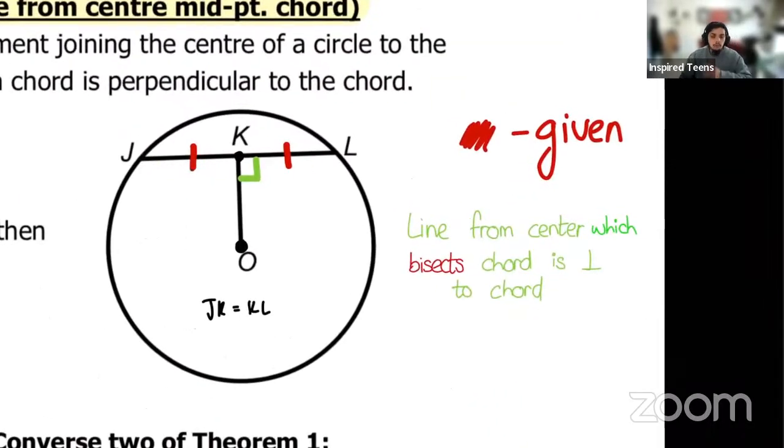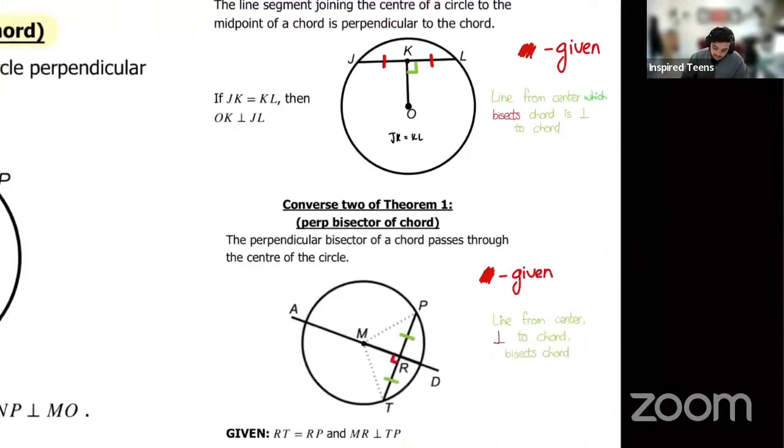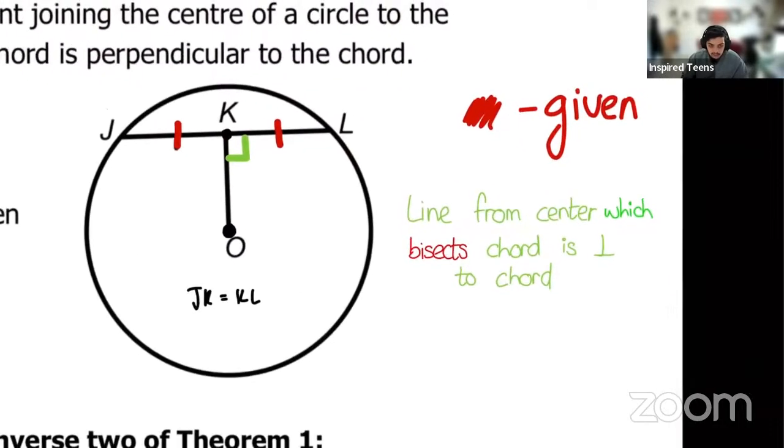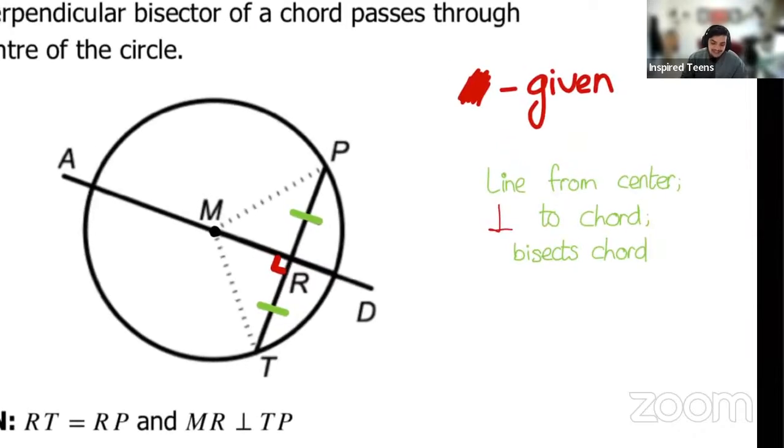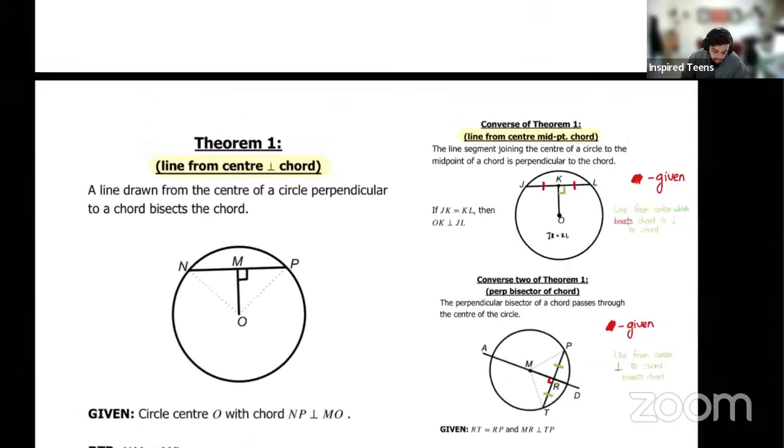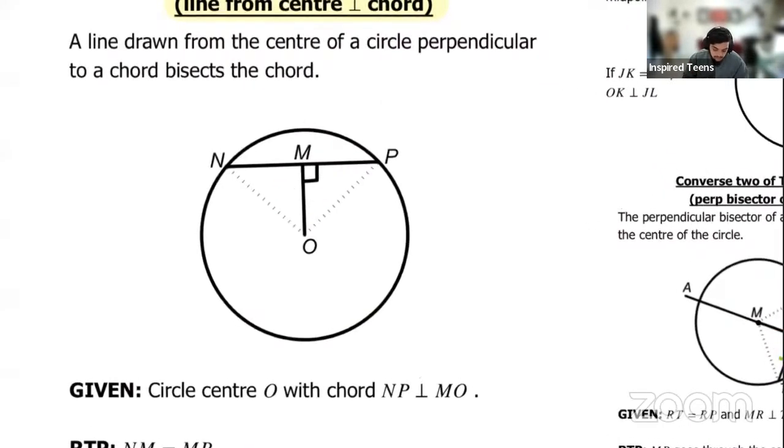In this case, they both work the same, using the same theorem, slightly differently: if it's perpendicular, it bisects, and if it bisects, it's perpendicular as well. This is the case where it's given that it bisects, and this is the question where it's given that they are perpendicular.